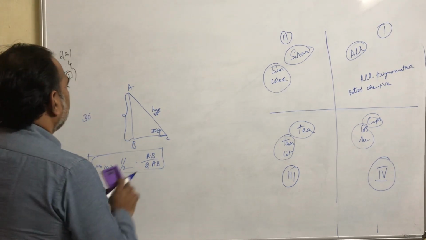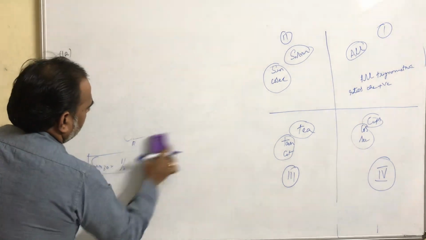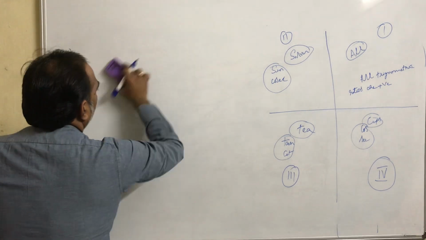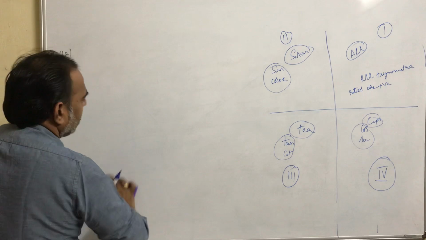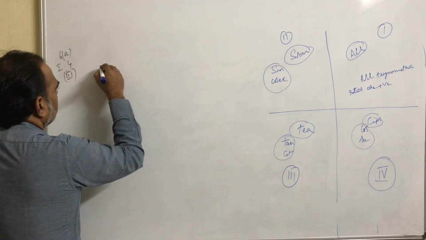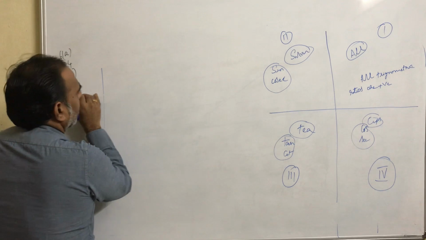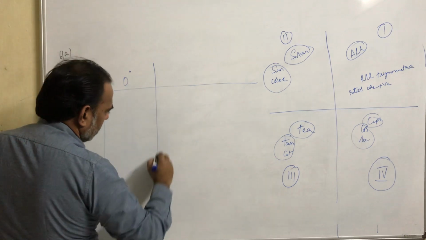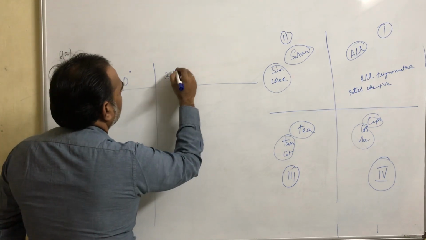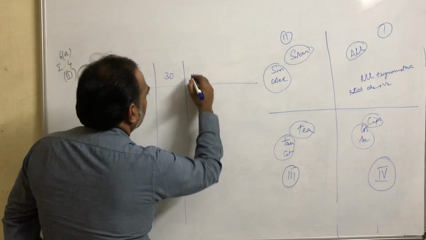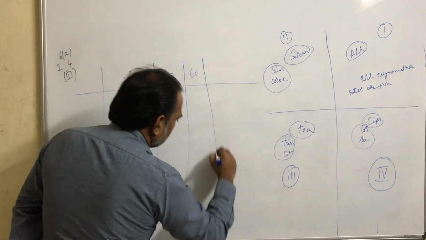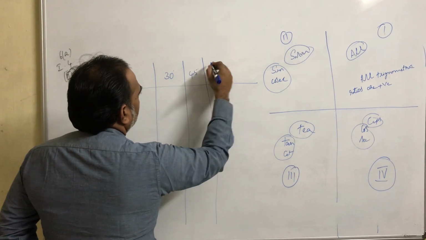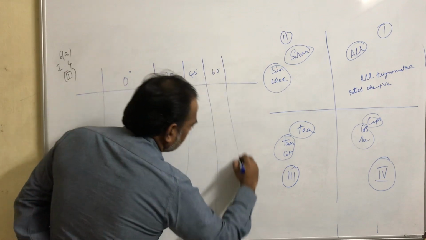Okay, now to solve this problem, in addition to what we discussed, we need to know some of the values of trigonometric ratios. Okay, so I will write down those values. Let us say this is 0 degrees, and then 30 degrees, and then 45 degrees, and then 60 degrees.